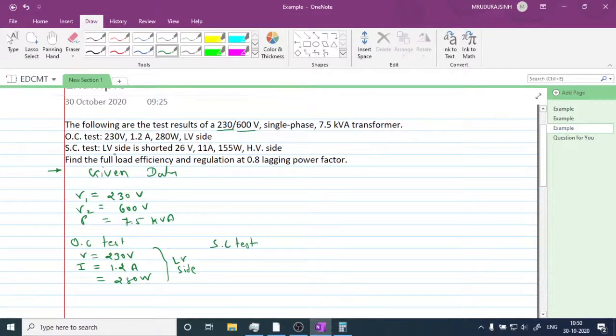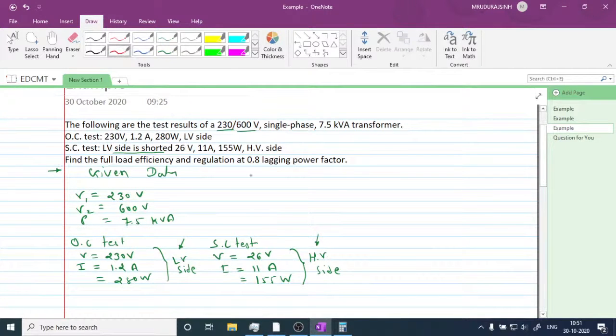The data from the short circuit test: LV side is shorted, V is equal to 26 volt, I is 11 ampere, losses is 155 watt, and this data is referred to the HV side. See the difference over here. The data given here is referred to the LV side, and the data given here is referred to the HV side. So definitely this example is going to be a little bit trickier one.